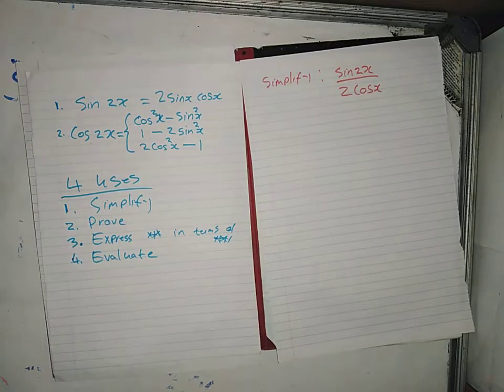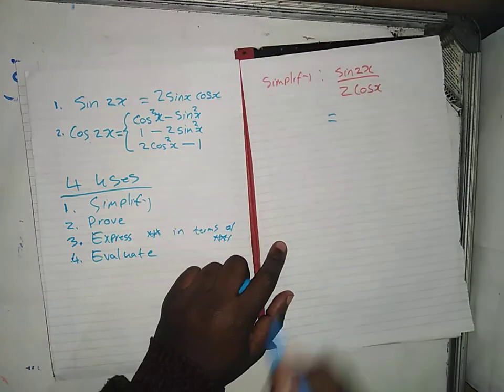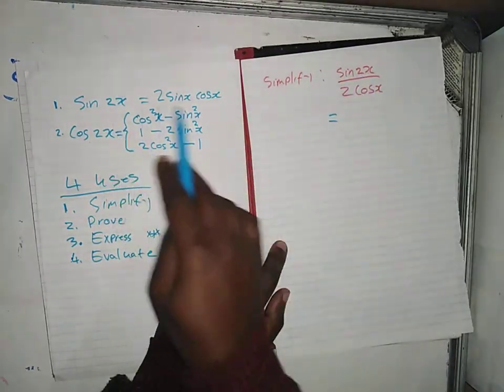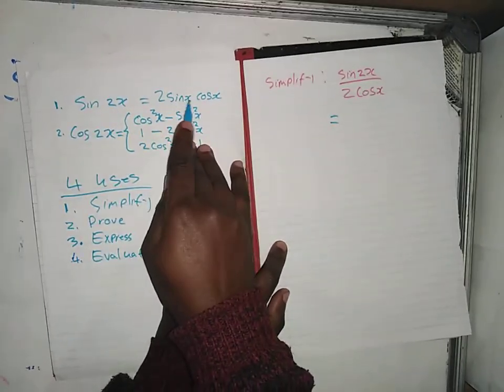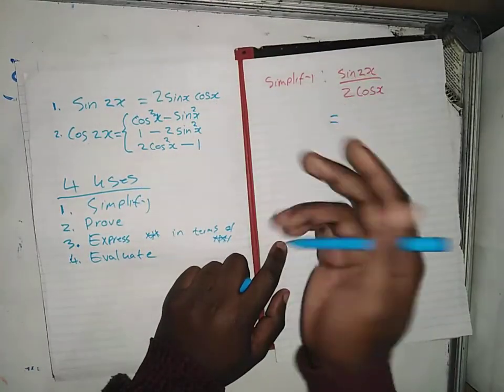You always say equal to, and then you say, this is too difficult, so I must replace it with something easier. Sine 2x is equal to 2 sine x cos x, and then you take this and put it in the place of this one, as we said earlier.